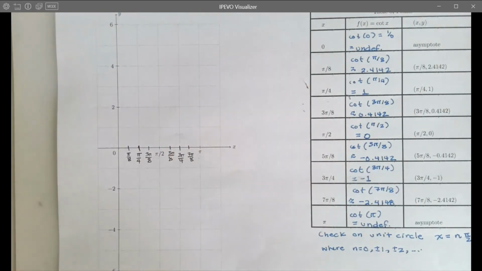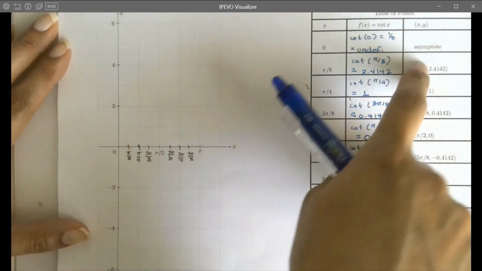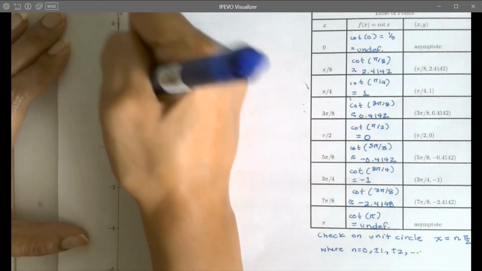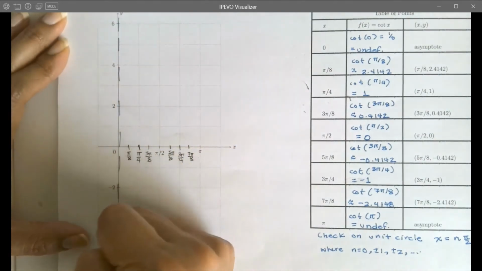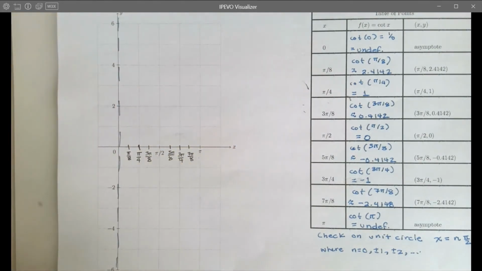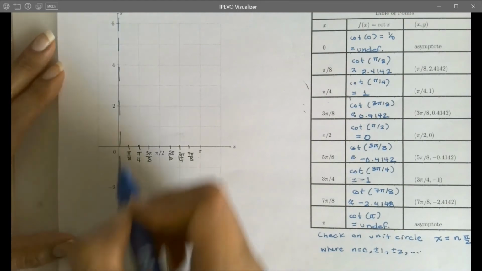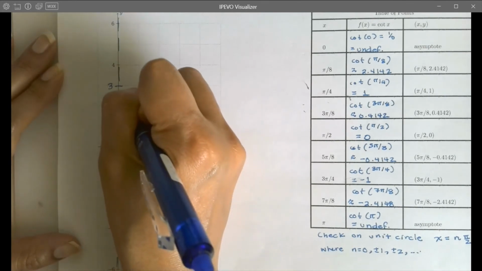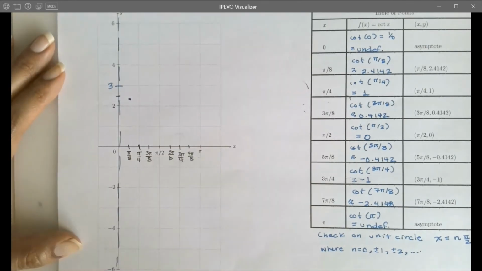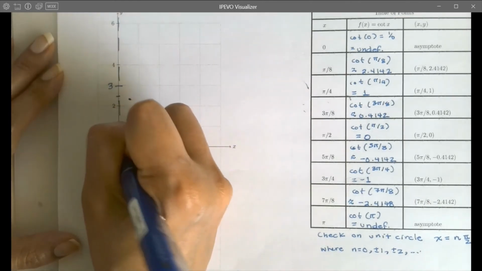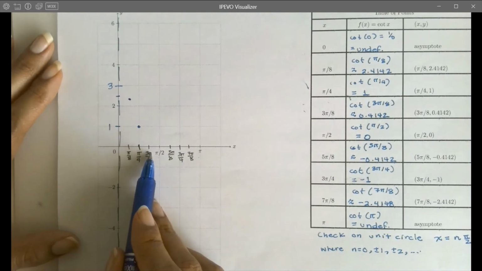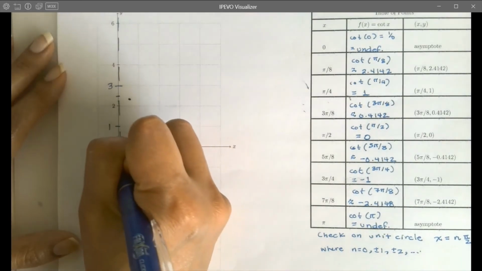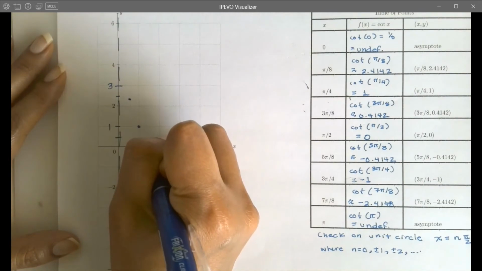Okay, so now that those are labeled in, let's plot the points. 0 corresponds to an asymptote. So we'll have an asymptote here at the beginning. Then at pi over 8, we have approximately 2.4. This is 3. This would be 2.5. So 2.4 is going to be right below that line. Then we have pi over 4, which corresponds to 1. 3 pi over 8, which corresponds to approximately 0.4, so it'll be right below that line.